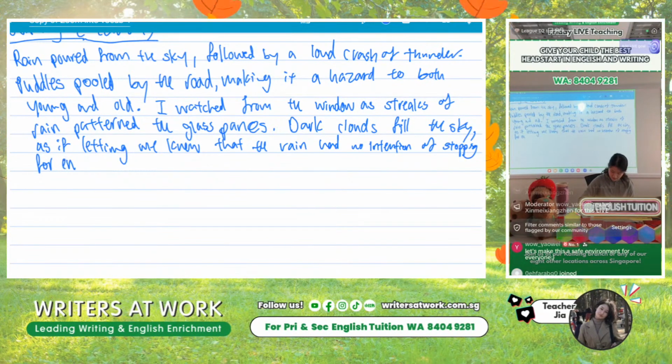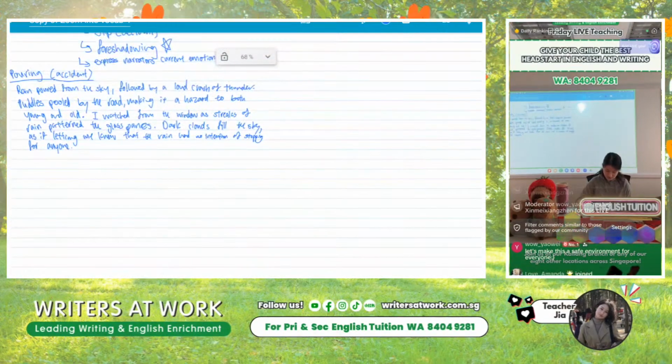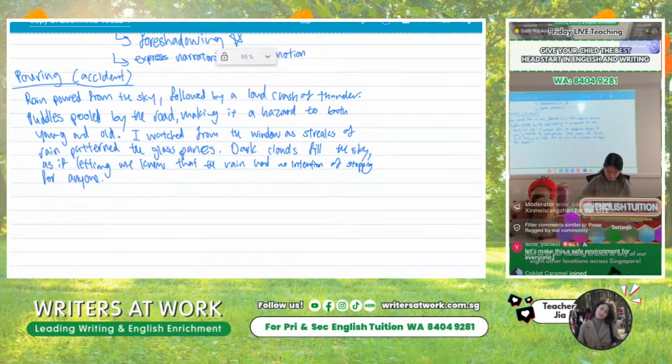So we are making this a bit more sophisticated by giving the rain some emotions. I watched from the window as streaks of rain patterned the glass panes. Dark clouds filled the sky as if letting me know that the rain had no intention of stopping for anyone. That is one description that we can have.